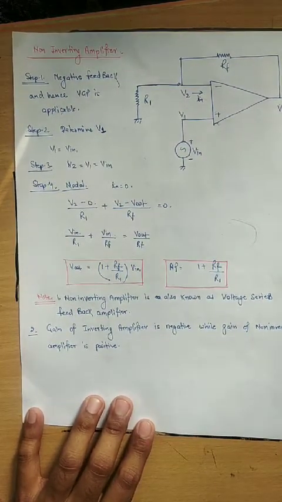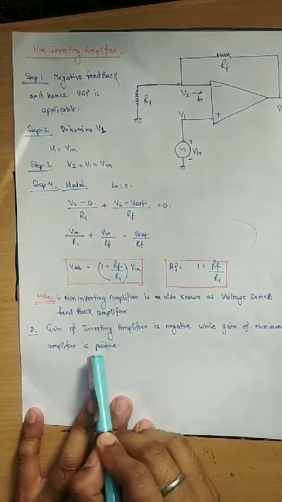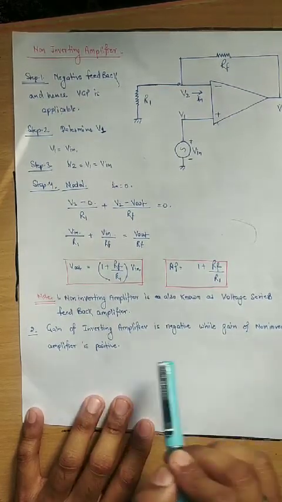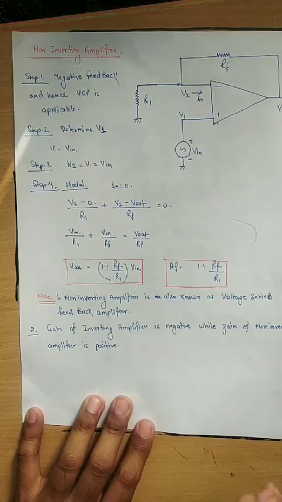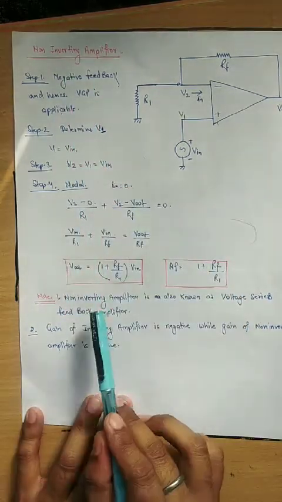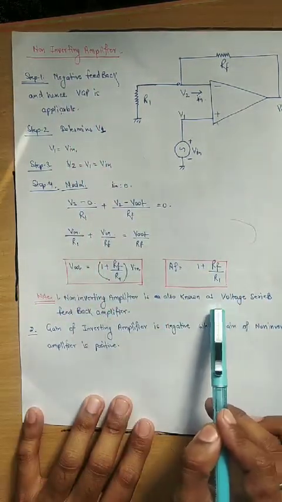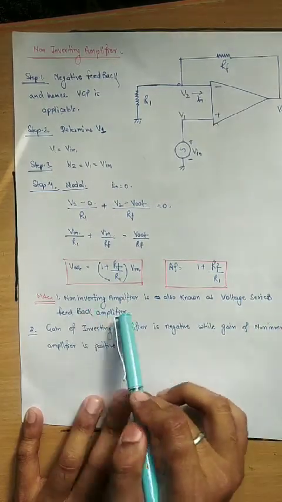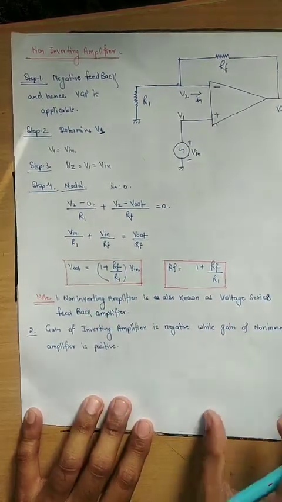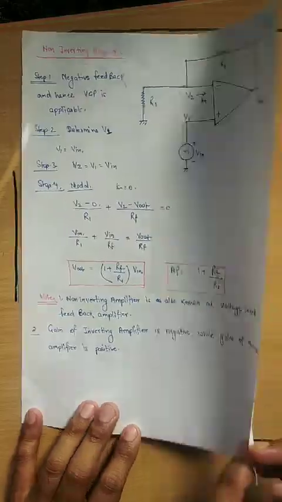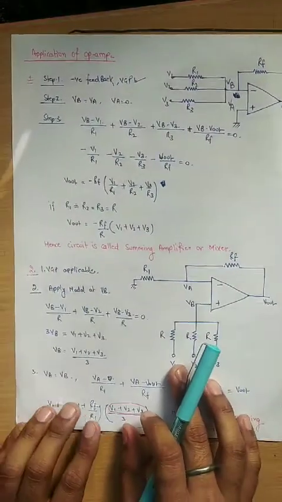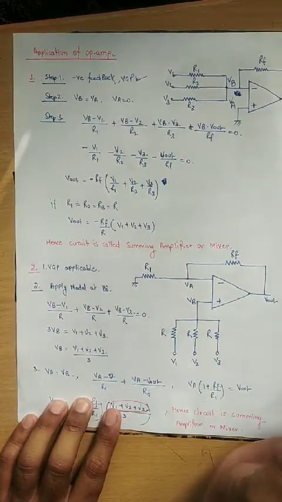Inverting means negative always. So the gain was also negative, while the gain of the non-inverting amplifier is positive. The non-inverting amplifier is also known as a voltage series feedback amplifier.